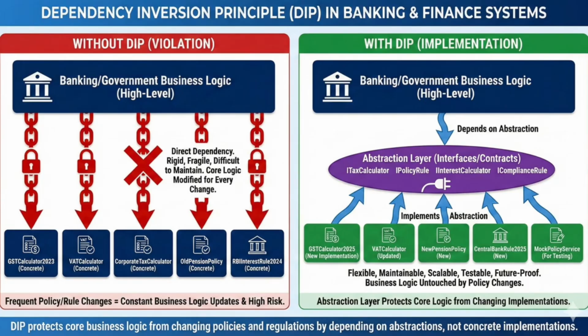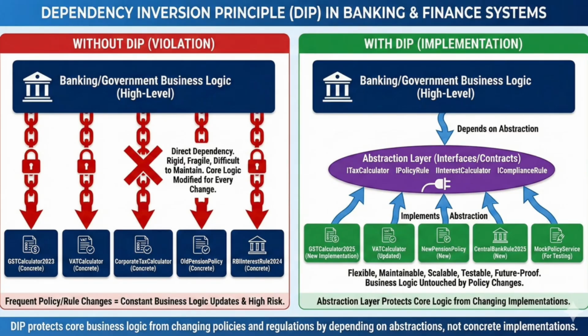The dependency inversion principle says that high-level modules, which contain important business logic, should not directly depend on low-level modules, which perform specific tasks. Instead, both should depend on abstractions. It also states that abstractions should not depend on details, but details should depend on abstractions.